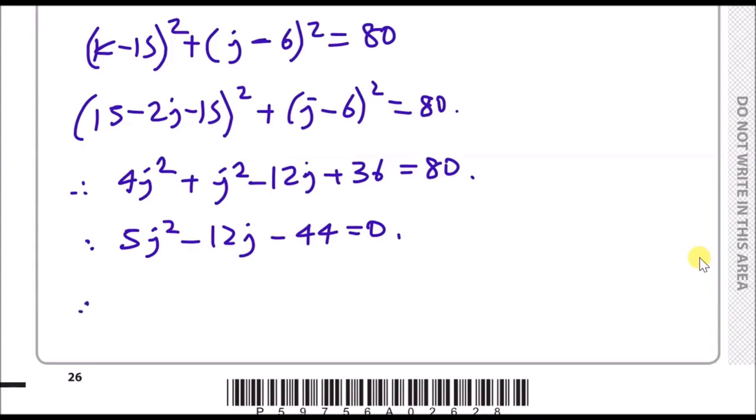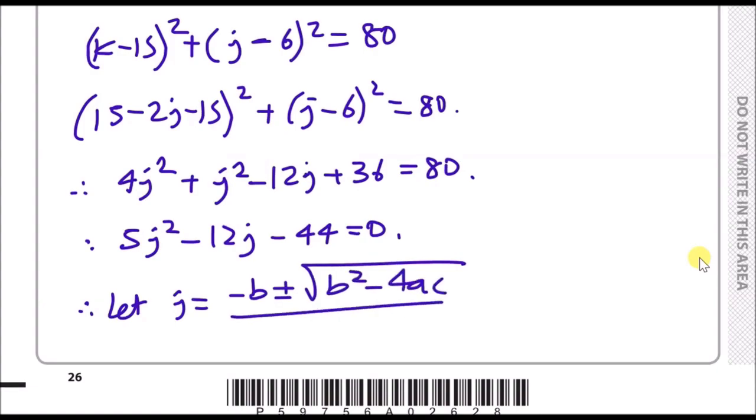So we can say, let j equal minus b plus or minus square root of b squared minus 4ac over 2a. And from here, you're going to plug in the values of a, b, and c. And just a quick recap, guys, the values a, b, c are just the values in front of the j squared, the j, and the constant. So this is a, this is b, and this is c.